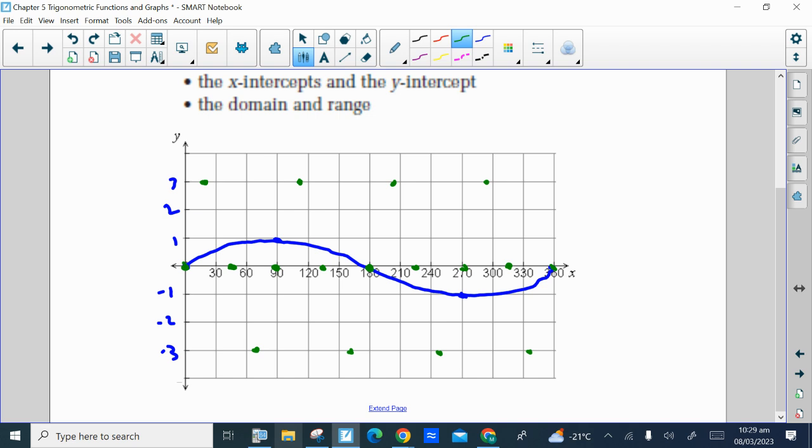So you could find where those critical points are by going 90 divided by 4. And that's where that 22.5 also could come from.